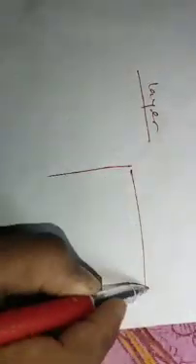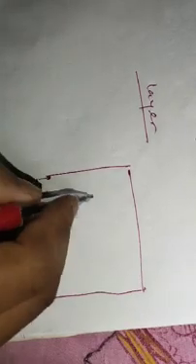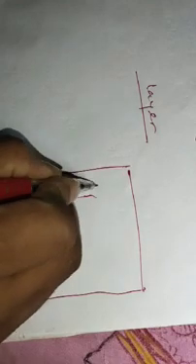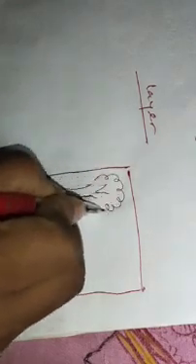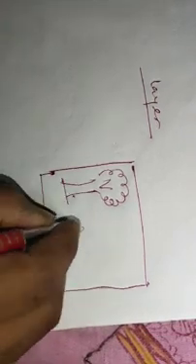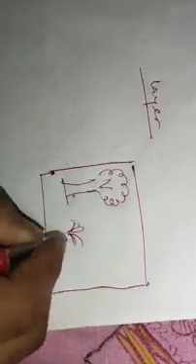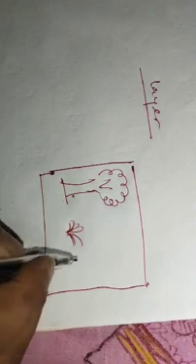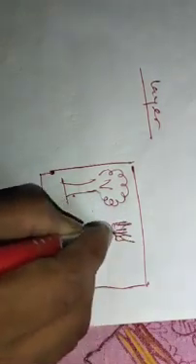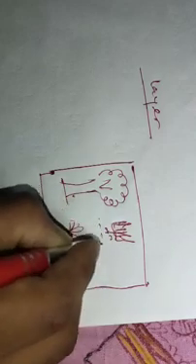What is a layer? Suppose I'm showing an image. Suppose one image is there. Let me draw one tree. This is suppose a tree, and this is the grass. Maybe here one pond is there, and we are looking at a lotus.